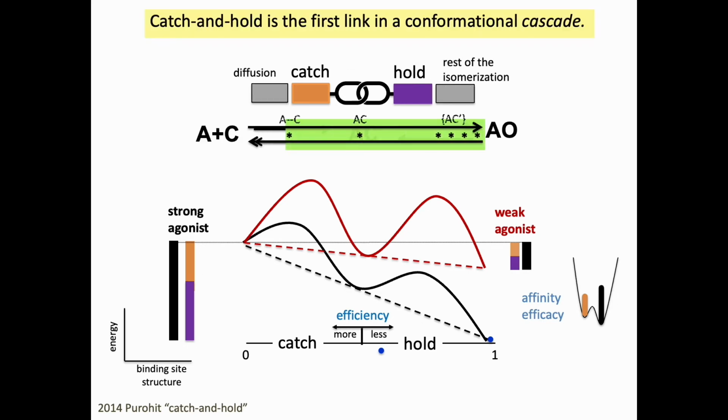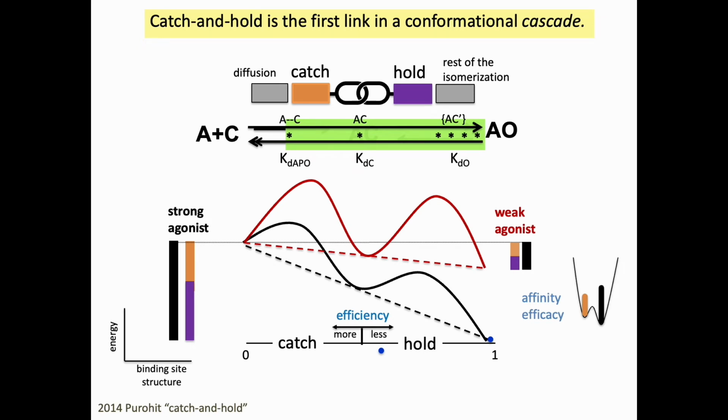And the implication of that is that this event between catch and hold, in this energy landscape here, is the first link in a conformational cascade that connects binding and gating. So all the way from the formation of the pre-catch condition, which is KD-APO, through KDC, KDO, is one giant conformational sweep, a conformational cascade that is linked by linear free energy relationships.